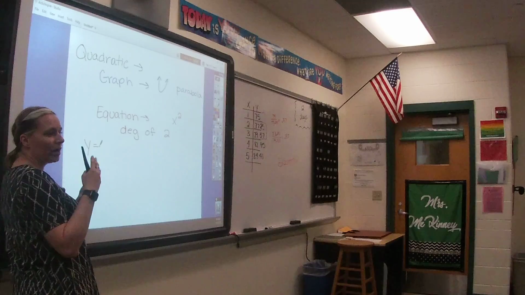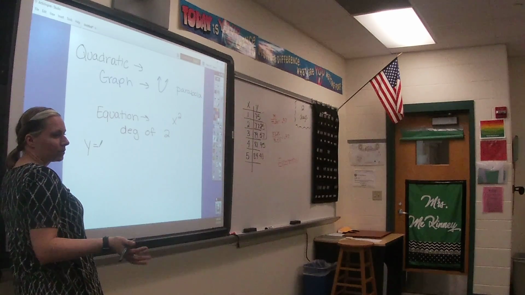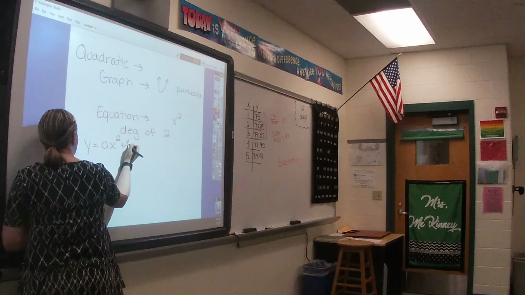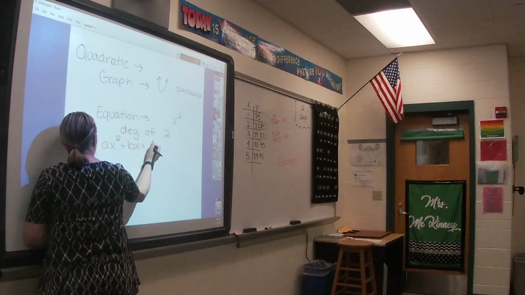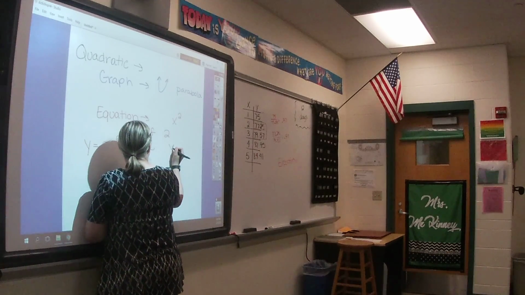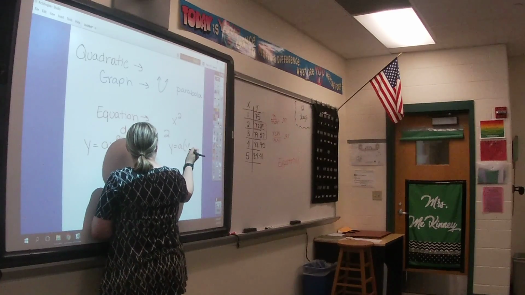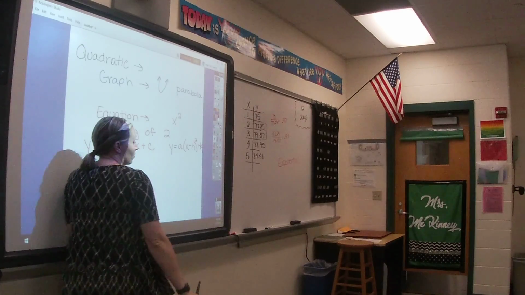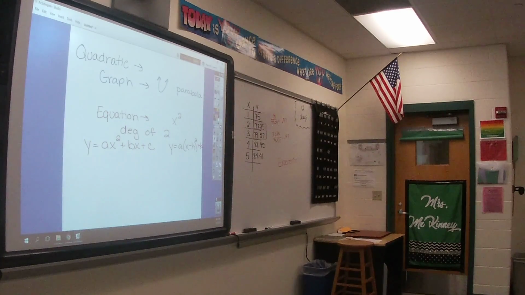What's an equation that looks like a quadratic? y equals ax squared plus bx plus c. Right? Those were the forms that we had for equations.